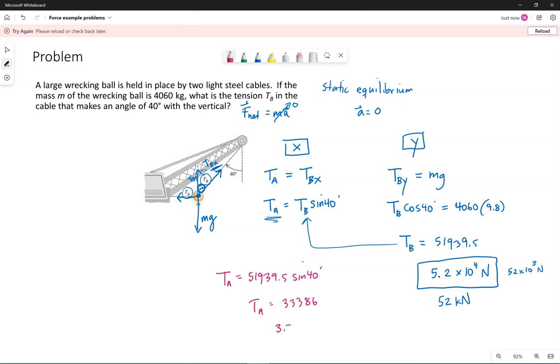So 3.31234. Tension A, 3.3 times 10 to the 4th newtons, or 33 kilonewtons. Either of those would be fine.